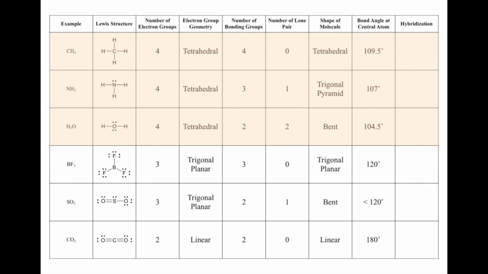That means that you must understand that a lone pair present in your structure will occupy more space, create a greater repulsion between itself and the neighboring groups, forcing the other electron groups to be closer together, compressing that bond angle. So if I asked you a question to compare the bond angle in something like methane, ammonia, and water, you should be able to tell me which bond angle is the largest or which bond angle is the smallest based on what you know about the impact of a lone pair on the bond angles in our structures.